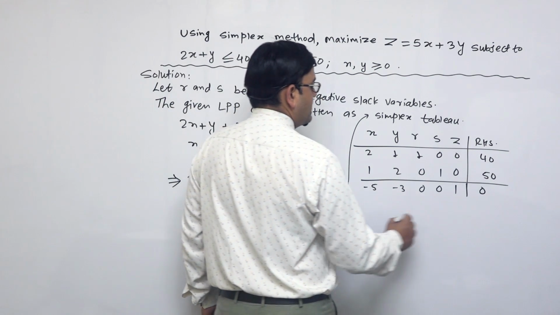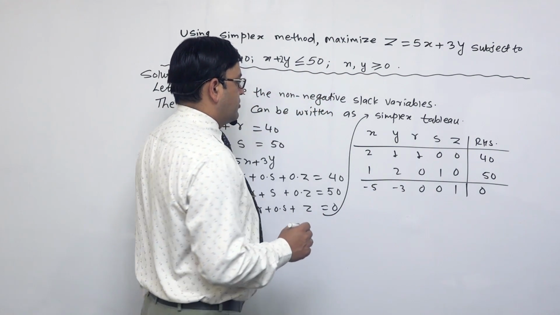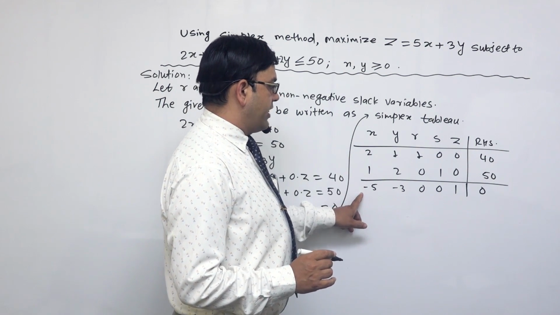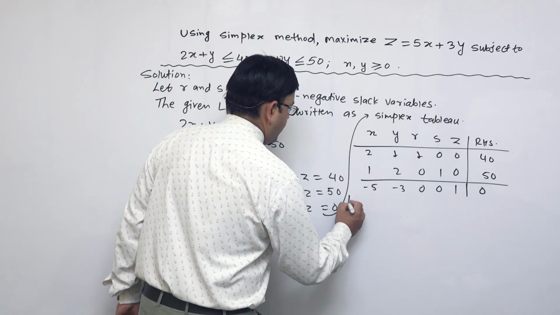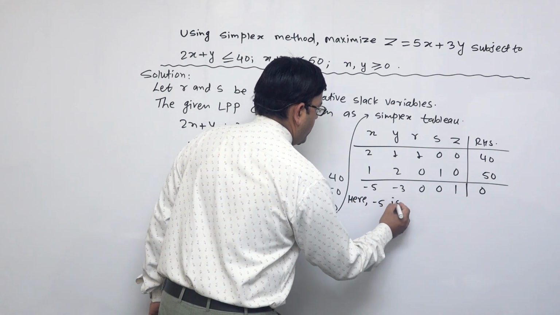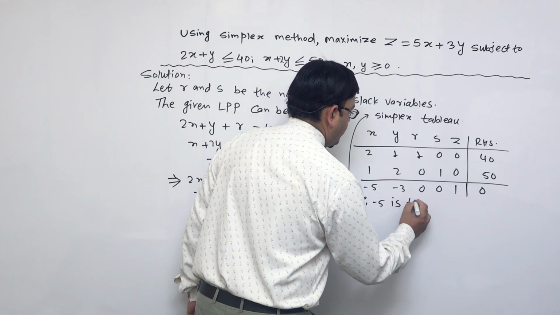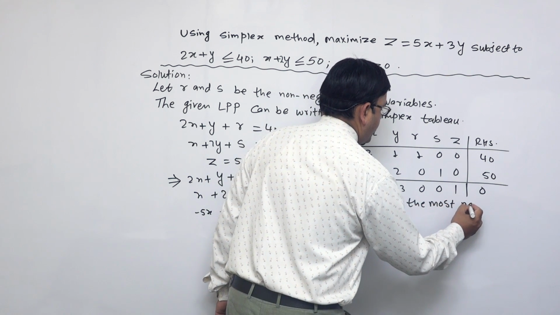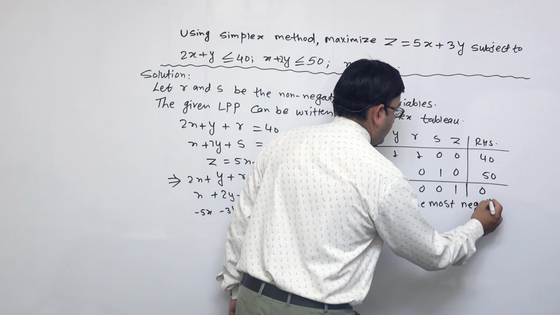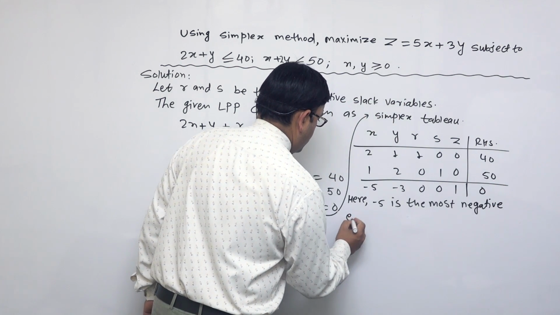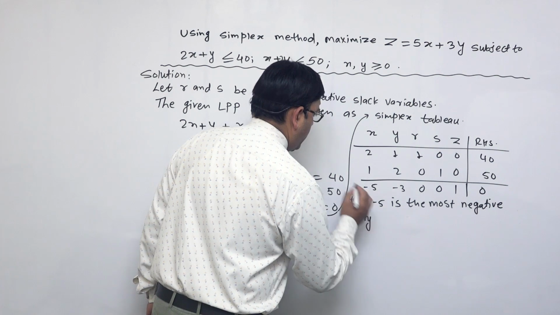Now which one is the most negative entry? Here -5 is the most negative entry.